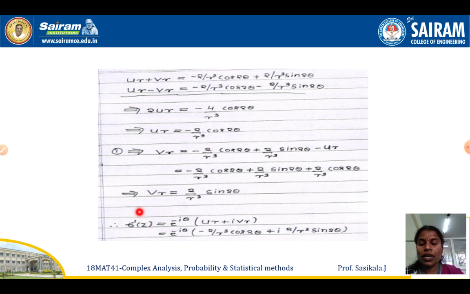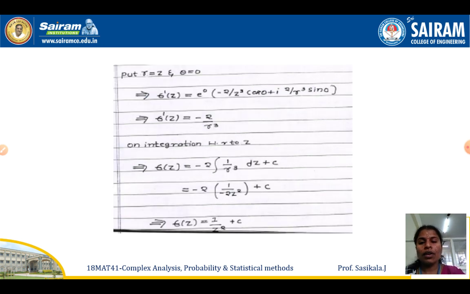To construct f(z), first I write f′ = e^(−iθ)(u_r + i v_r), which is equal to e^(−iθ)(−(2/r³) cos 2θ + i (2/r³) sin 2θ). Now substitute r = z and θ = 0.